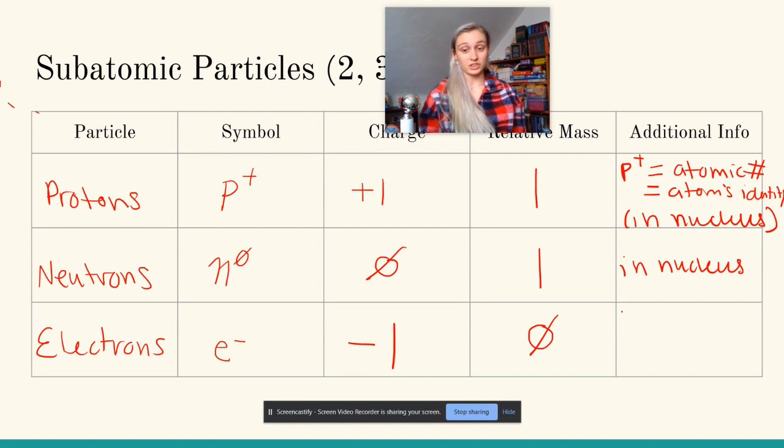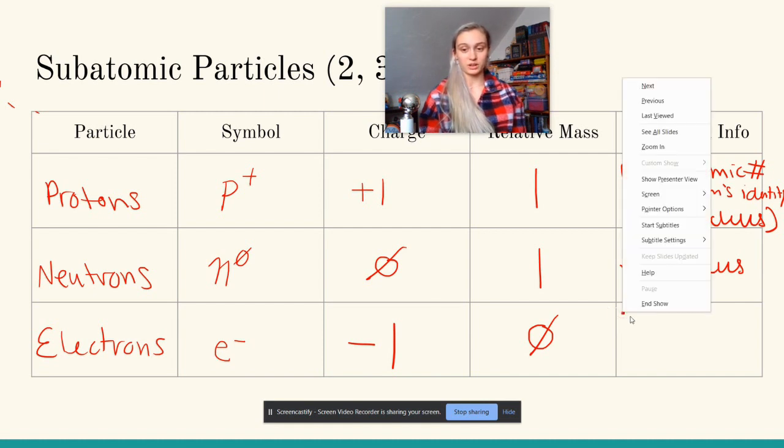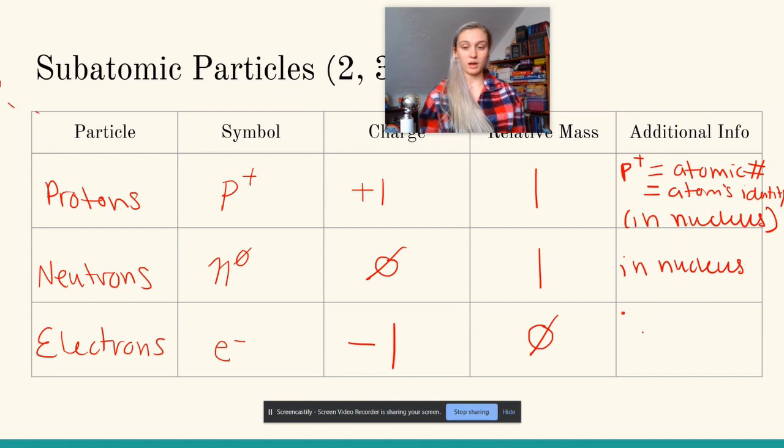I never actually said this before, so this will not be on your test, but it's a fun fact that you probably should know. So electrons: change in electron number results in a charge.